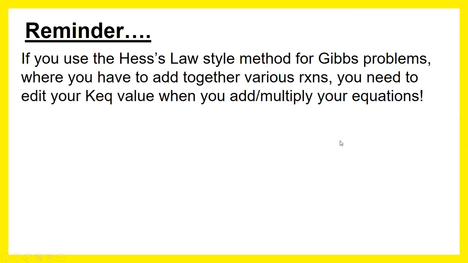One thing I want to remind people of that tends to come up when using that Ratlink equation is that if you are doing any kind of Hess's law manipulation, you are going to have to edit your K values as well. And I see people forget that.